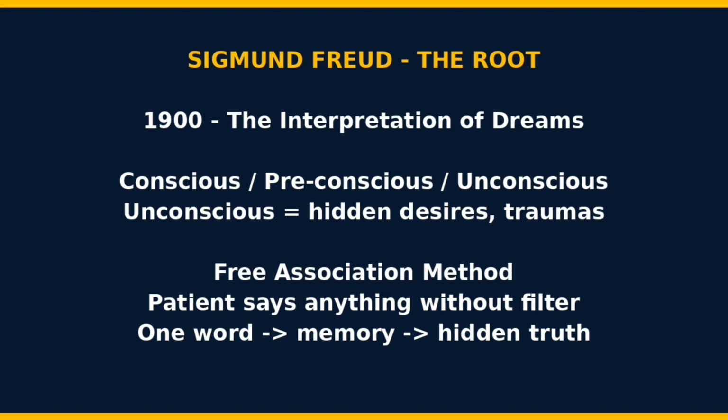Then four major modernist writers. James Joyce in Ulysses takes you into Bloom's mind for a day, like a Freudian case study, using direct interior monologue. Virginia Woolf in Mrs. Dalloway and To the Lighthouse used indirect interior monologue, moving between conscious observation and unconscious memory.